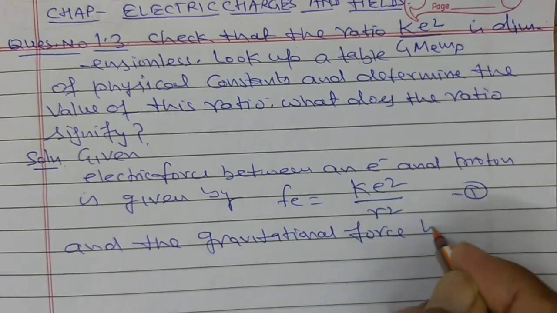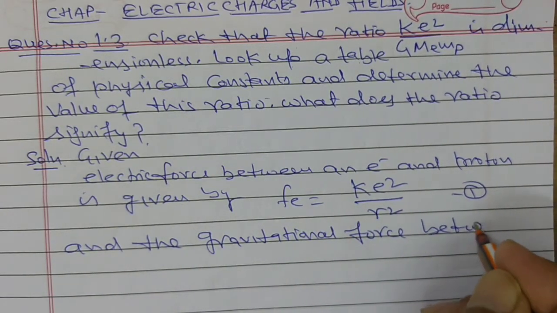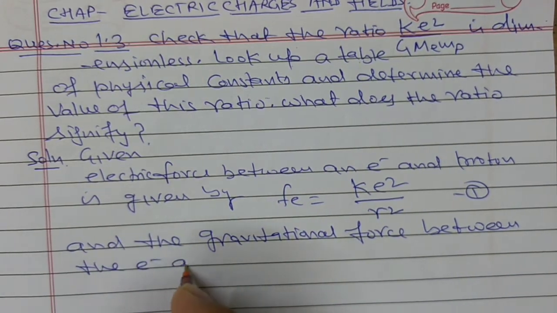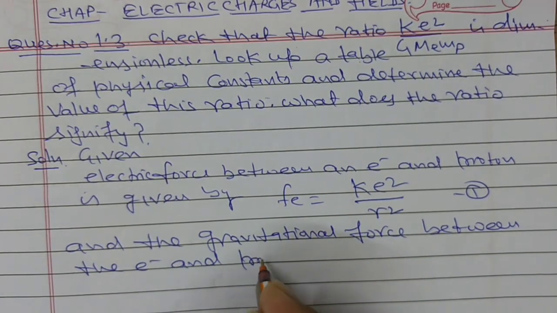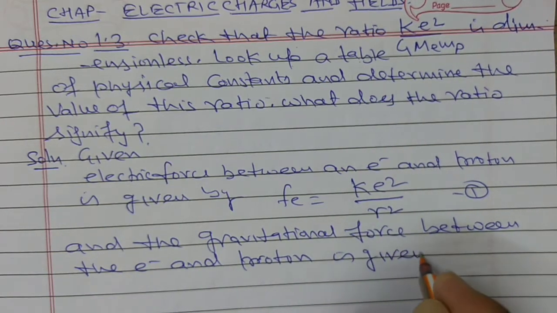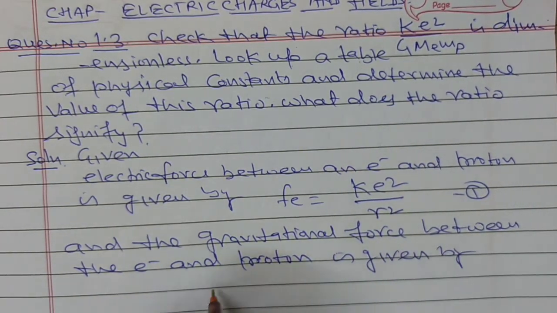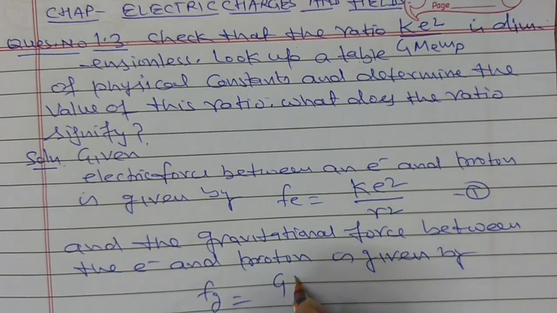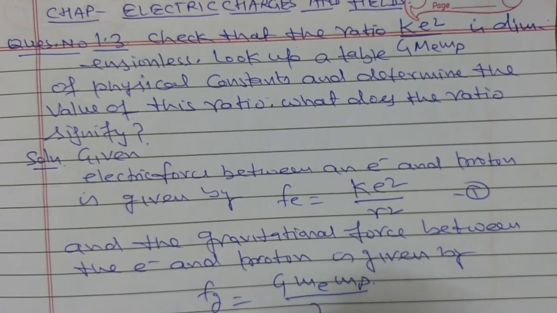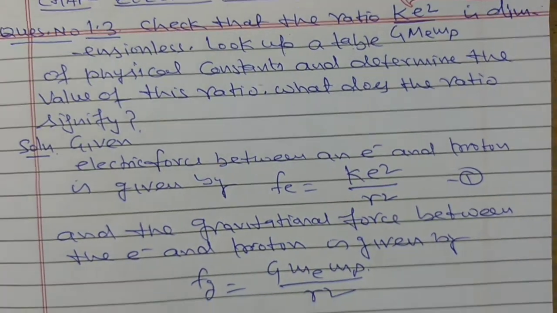And the gravitational force between the electron and proton is given by this Fg is equal to G, mass of the electron into mass of the proton, upon R square.